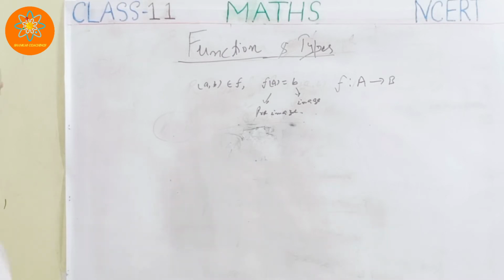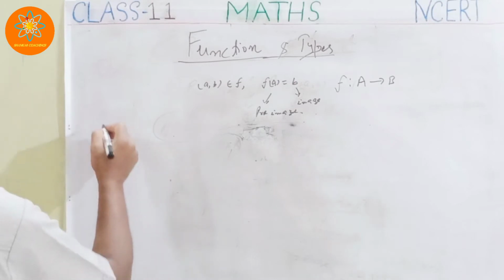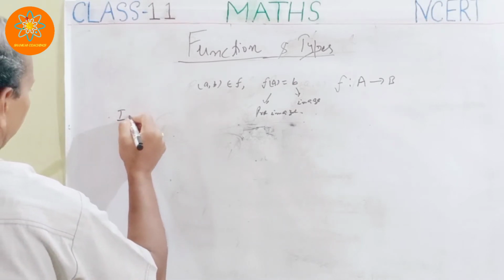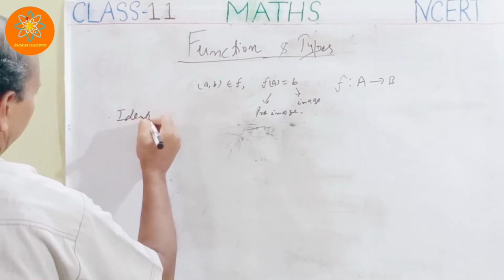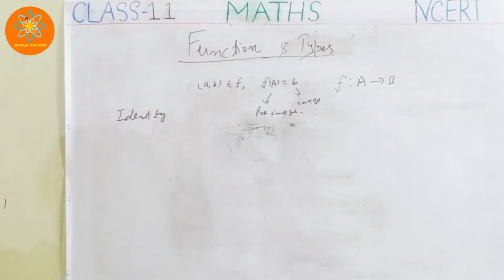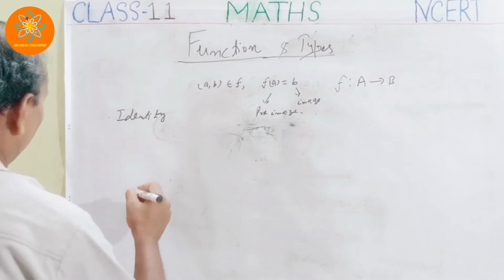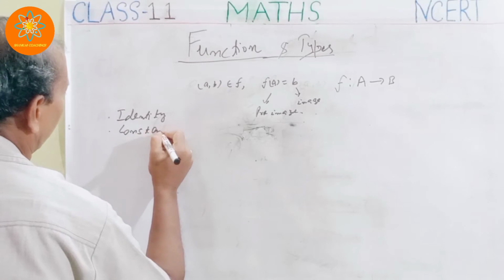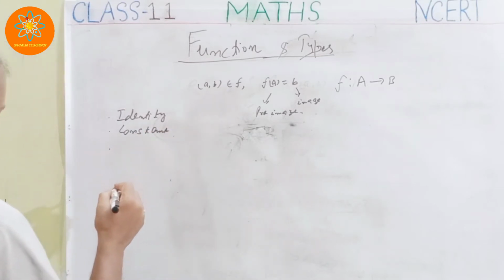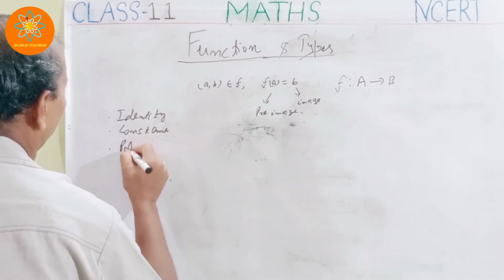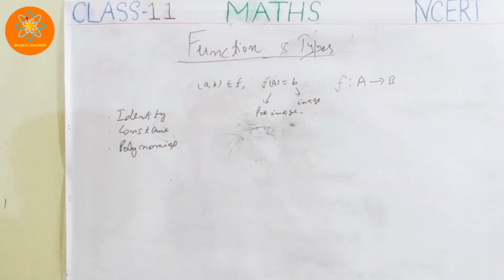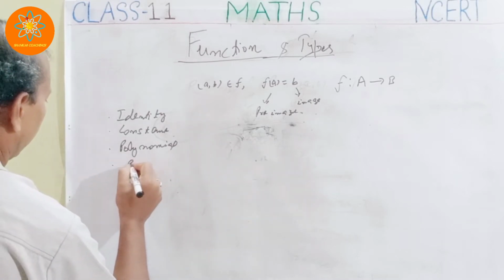I'm taking one by one. First one is the identity function. Second one is your constant function. Third one is your polynomial. Identity, constant, polynomial, then the rational function.